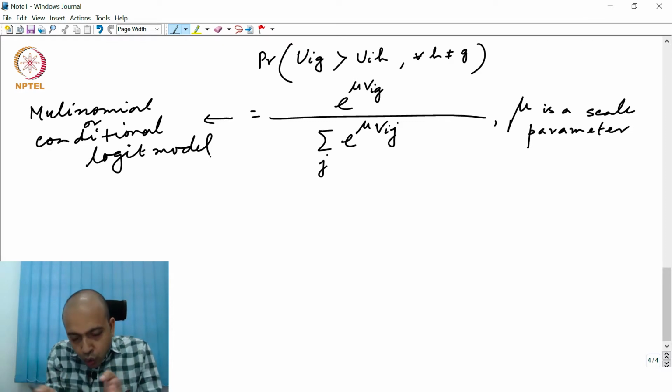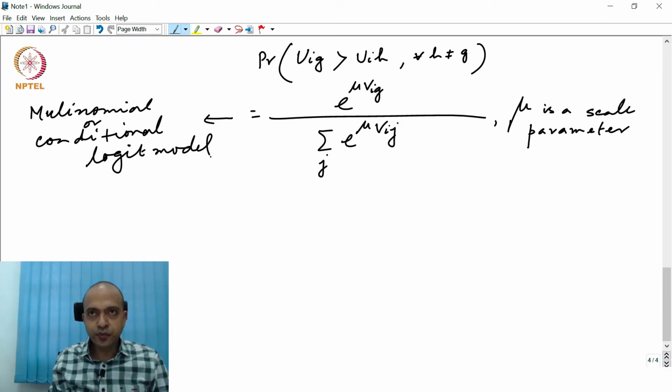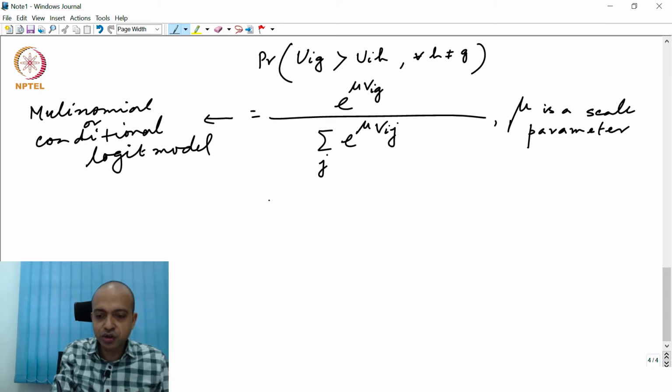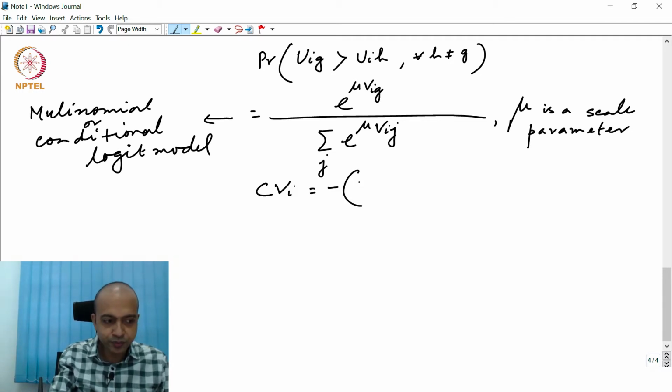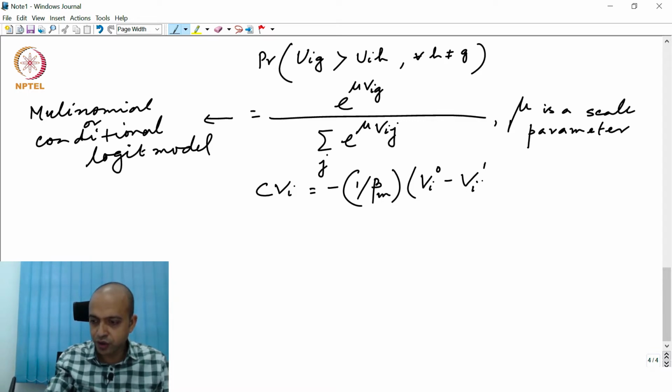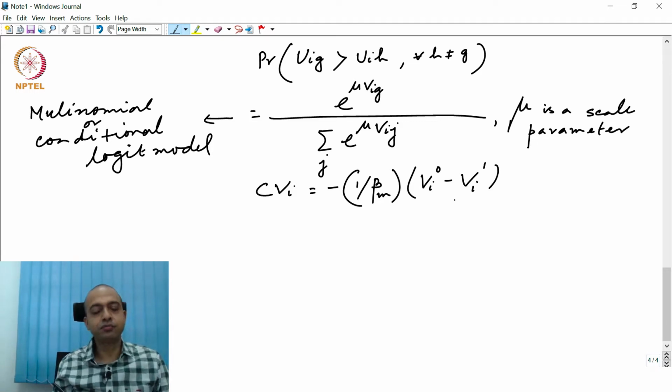Now, through this framework, the compensating variation of the ith individual for this product can be expressed as CVi equals minus 1 by beta m into the value of the individual from the status quo, from the value of the individual at scenario 1.